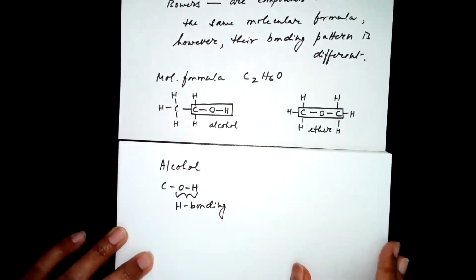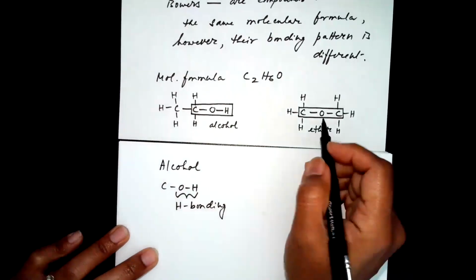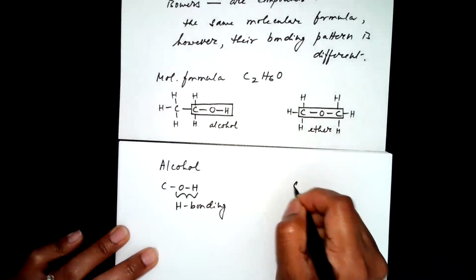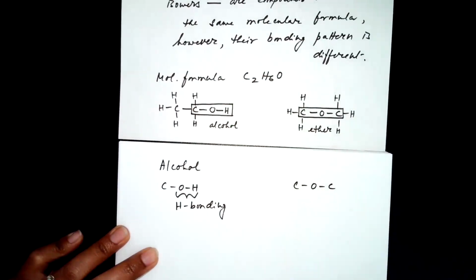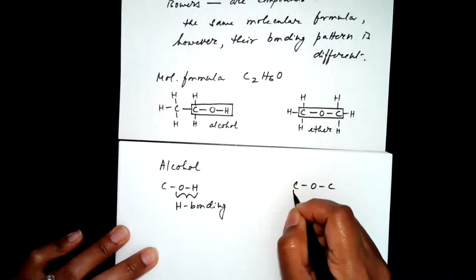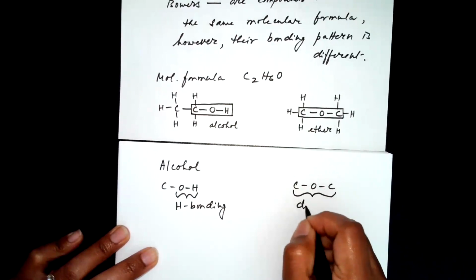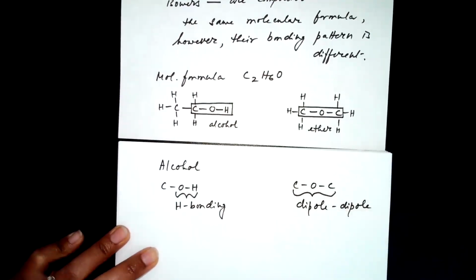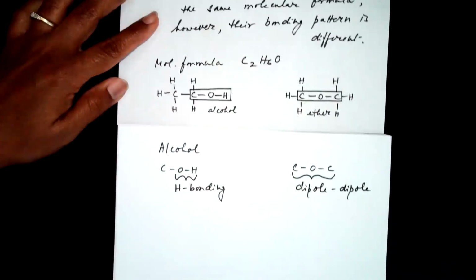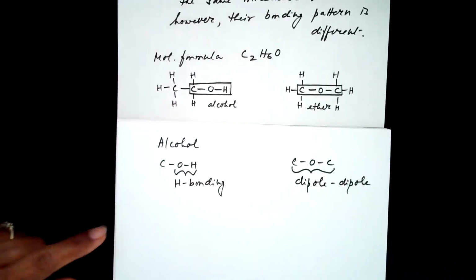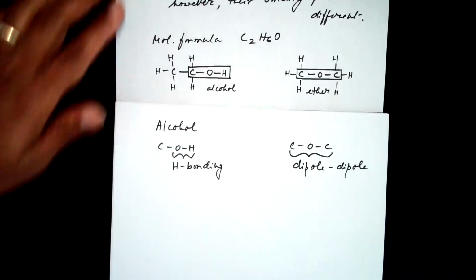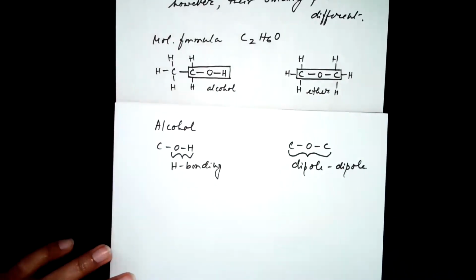An ether molecule does not have an O-H type of bond directly present in the molecule. Instead, there is a C-O-C type of bond, and this type of bond is responsible for a dipole-dipole type of interaction. Do mention in the comments if you want me to do a video that talks about hydrogen bonding versus dipole-dipole and all the other types of interactions, and I'll be happy to do it for you.